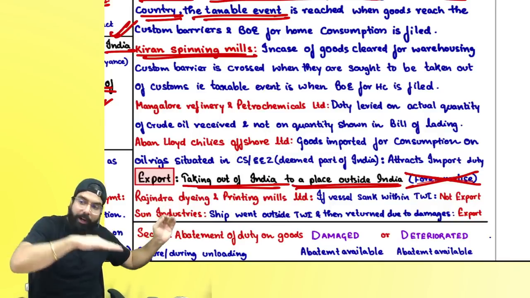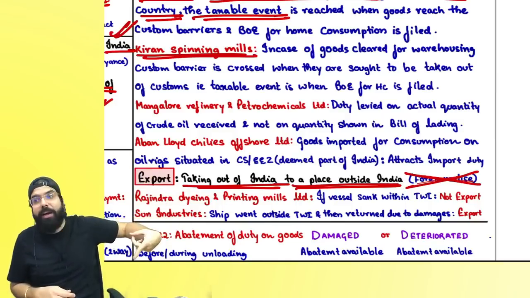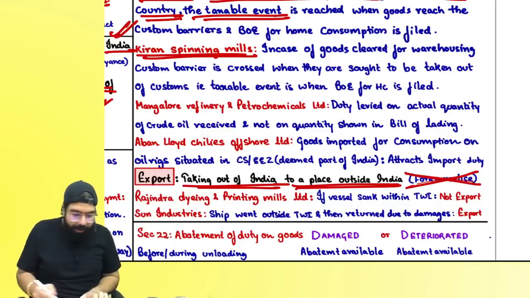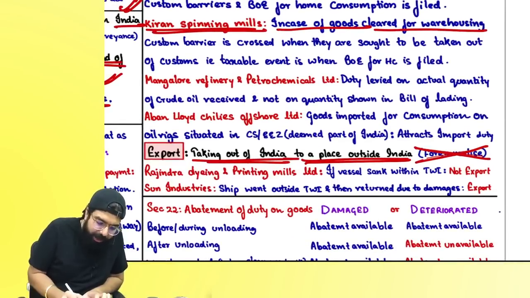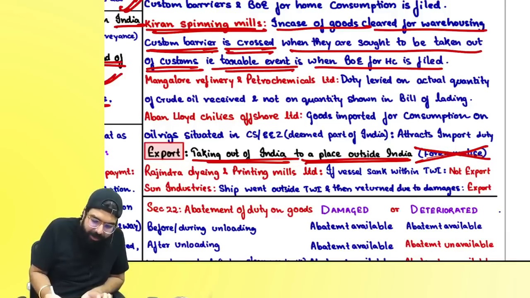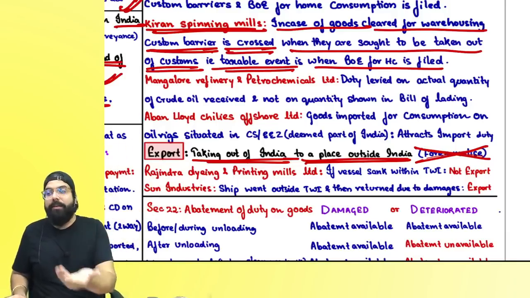Then the import continued, but the taxable event is reached when you try to take the goods out of the customs barrier, basically from the customs warehouse, and you file a bill of entry for home consumption. In Kiran Spinning Mill, in case of goods cleared for warehousing, the customs barrier is crossed when they are sought to be taken out of the customs, that is, the taxable event is when the bill of entry is filed for home consumption to clear the goods from the customs warehouse.